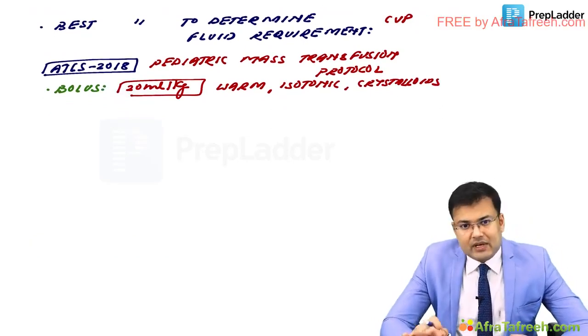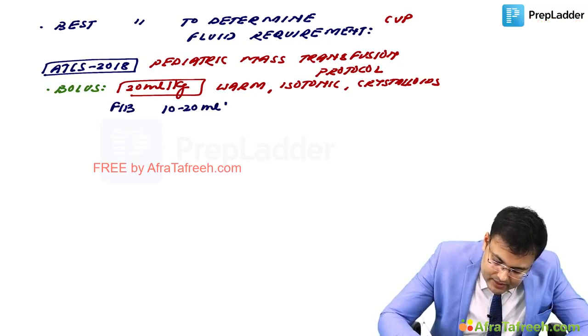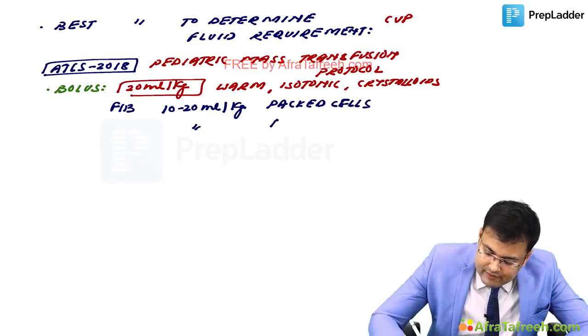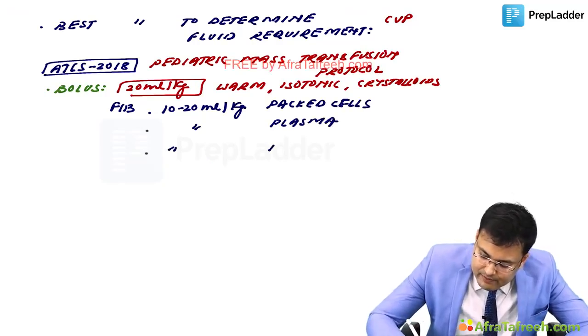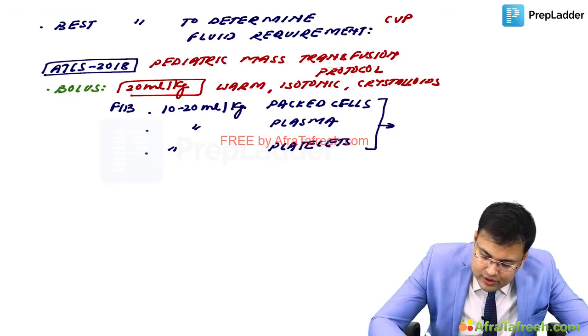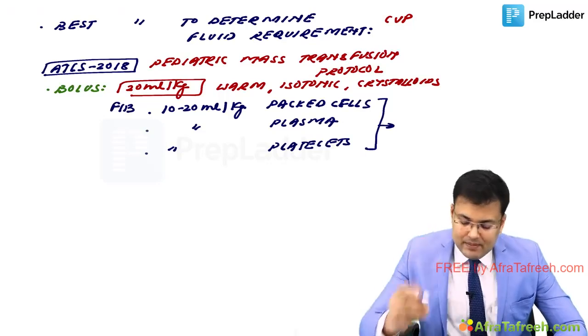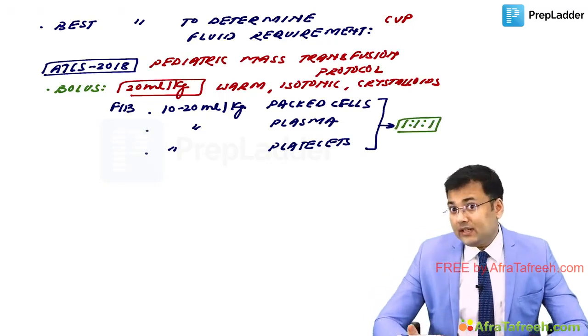So there is an initial 20 ml per kg bolus, and it is followed by 10 to 20 ml per kg of packed cells, 10 to 20 ml per kg of plasma, and 10 to 20 ml per kg of platelets. Clear? So again, according to pediatric mass transfusion protocol, in what ratio are packed cell, plasma and platelets given? The ratio is 1:1:1. So these are the important points.